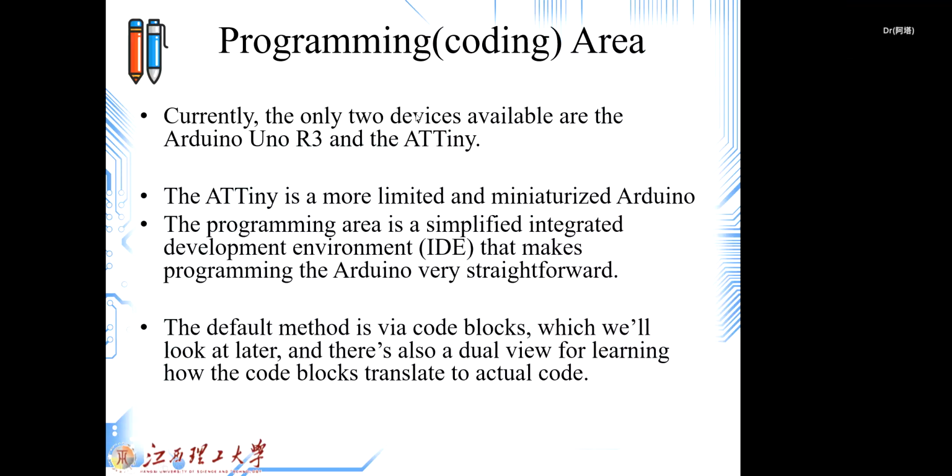The ATtiny is a more limited and minimized Arduino part that maybe you are not using. It's not important at this level. Later, if you want, you can continue working with the ATtiny controllers from the Arduino family. And the nice thing is that whatever you have in the Arduino IDE, you can directly copy and paste it here and enjoy.